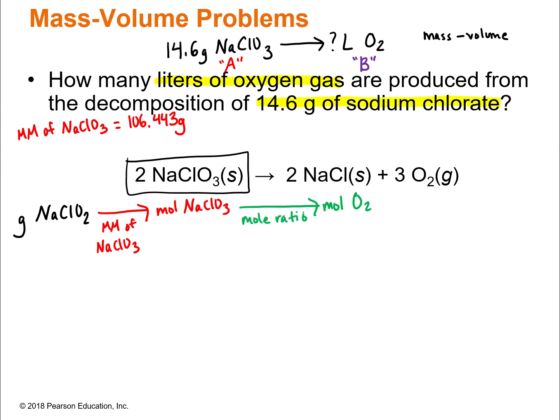We use our mole ratio to get from moles of sodium chlorate to moles of oxygen gas. And that's going to be B over A. What we need, which is the oxygen, over what we're given, the sodium chlorate.